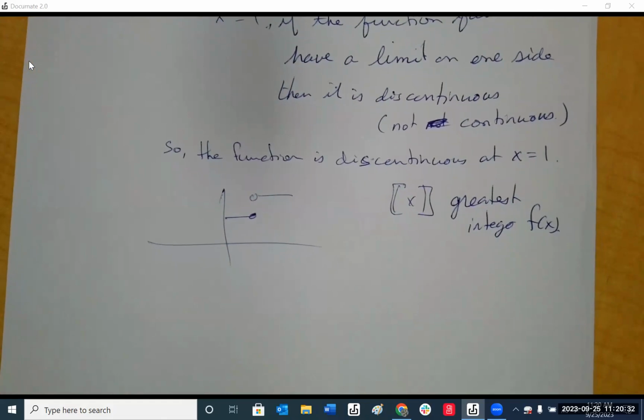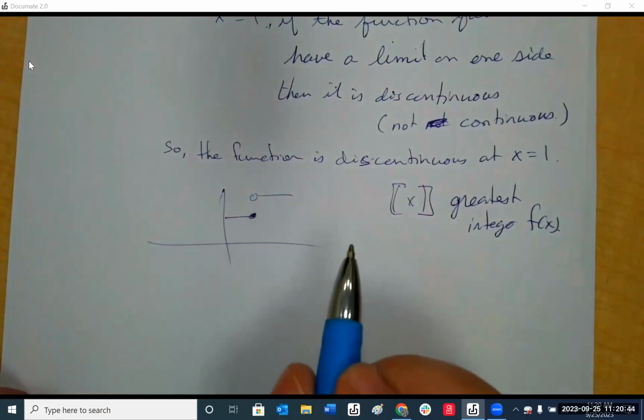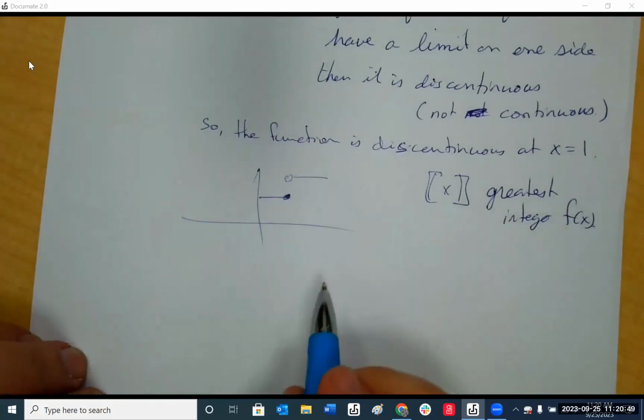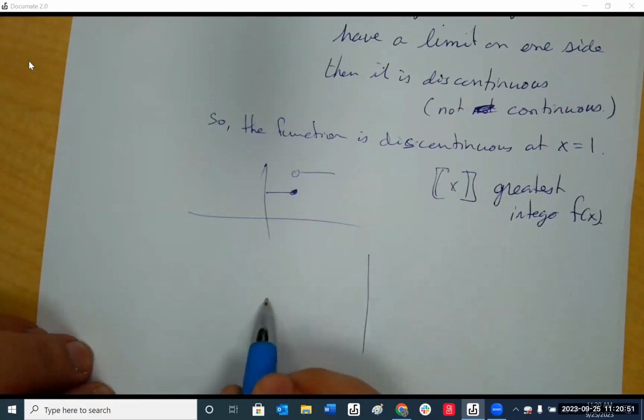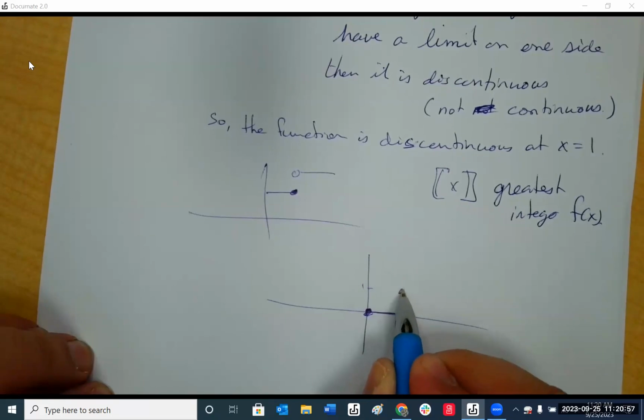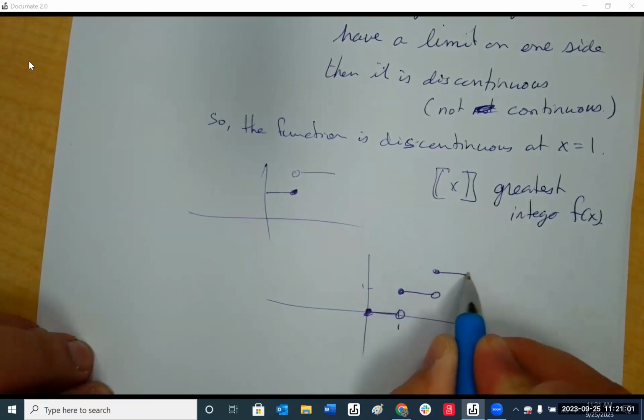Greatest integer function. So with the greatest integer function, if x is, let's say, like 3.2 or something, then f of x would be 3, right? It's always going to round down. So it'll be 0 all the way to 1, and then it jumps to 1, then up until 2, then it jumps to 2.